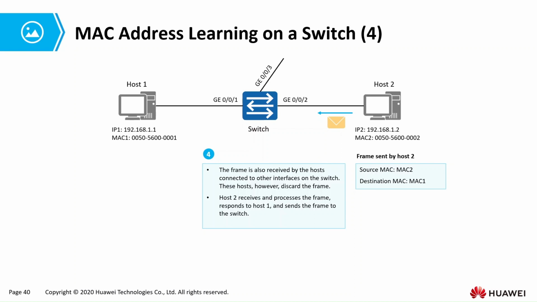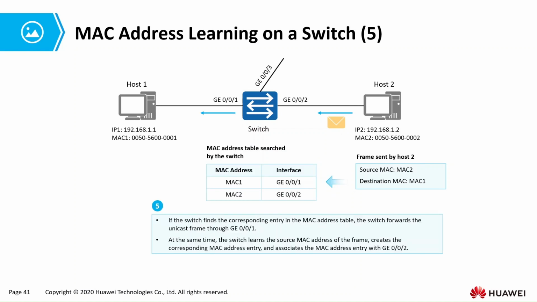So for example, it can send the ARP reply frame to host 1. The same thing on switch 1: because now the source address is MAC address 2, it will record that this one is sent from MAC address 2, and I actually receive it from G002. So I generate and learn the MAC address. But remember, by default, if you do not change it, all the entries here are kept for only 300 seconds.